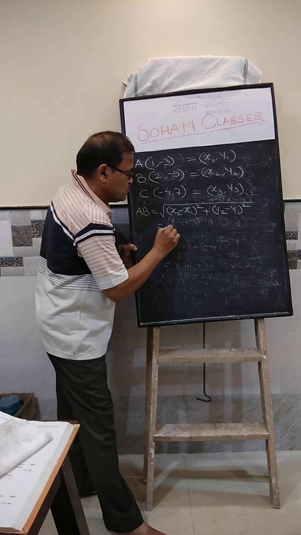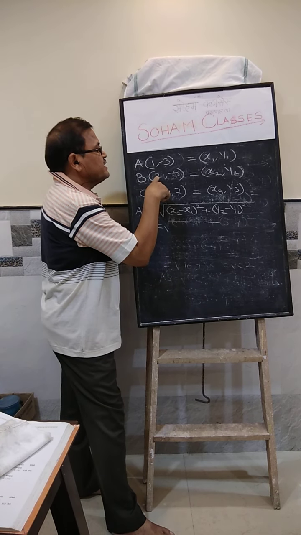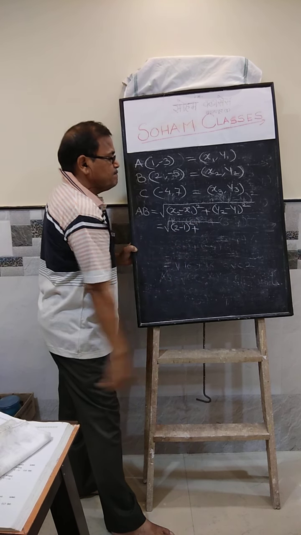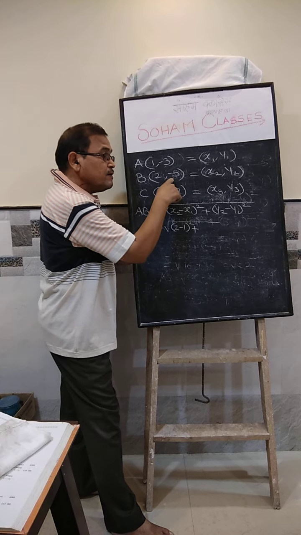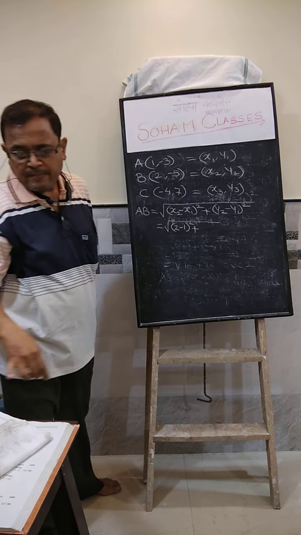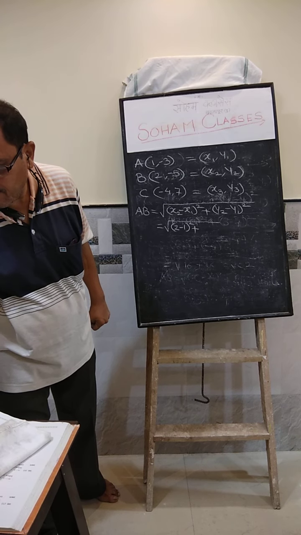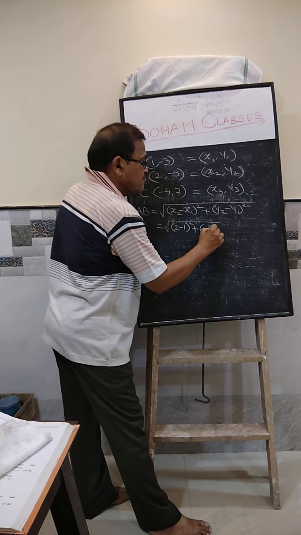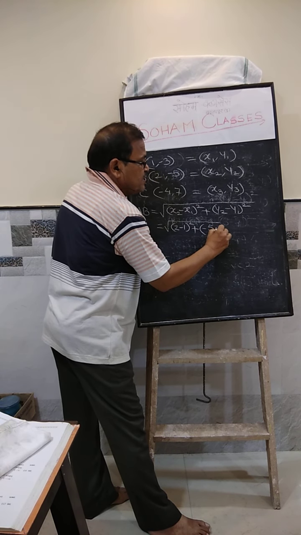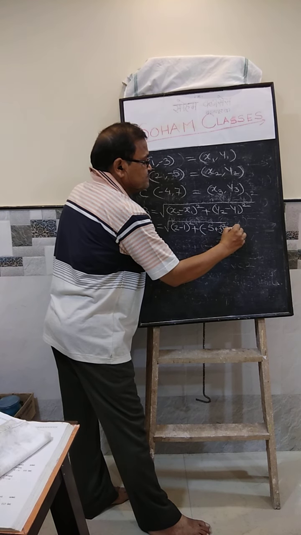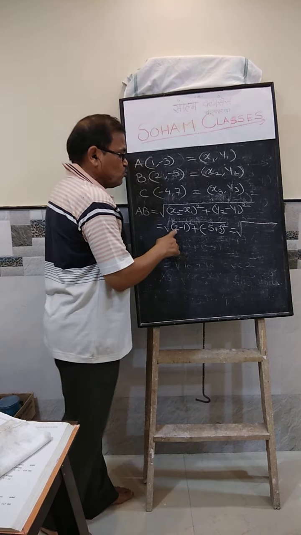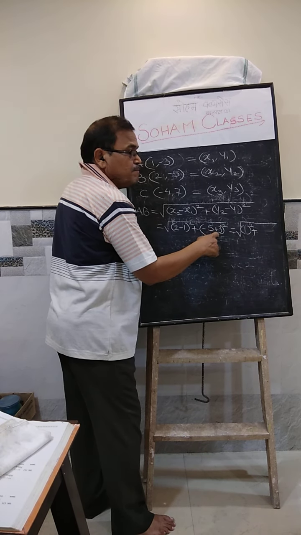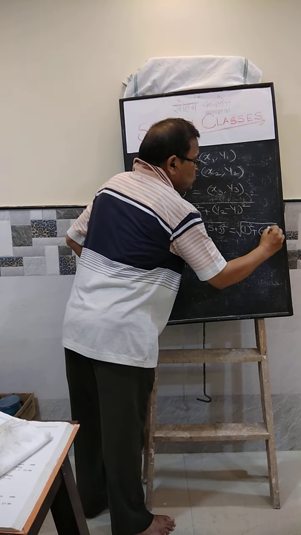Putting the values, what do we get? (2 minus 1) bracket square plus (minus 5 minus 3), so minus 5 minus 3 gives minus 8... we get 2 minus 1, 1 square, plus minus 5 plus 3, that is minus 2 bracket square.